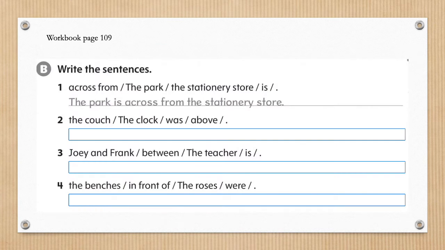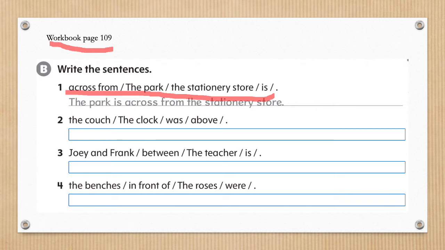Please look on page 109 of your workbook. We will do activity B, writing the sentences. As you can see in number 1, "across from the park, the stationery store is." We have a jumbled up sentence. The way the sentence stands right now, it does not make sense.